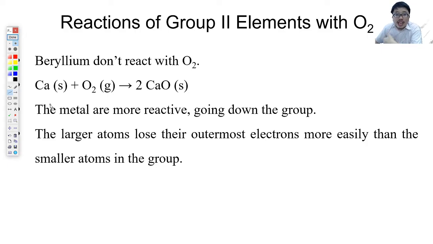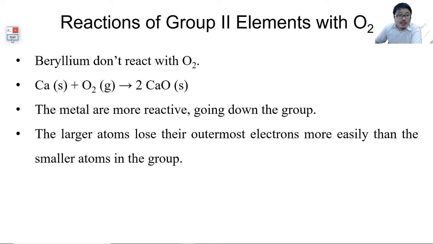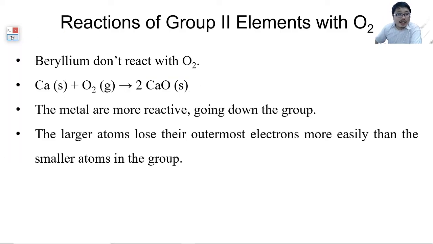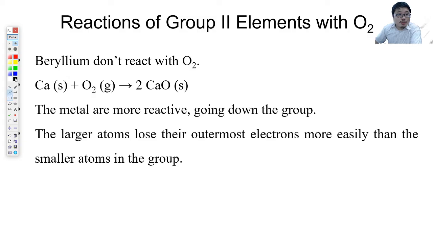First ionization energy decreases, so more reactive down the group. And the key point to remember is that they will always form oxide: calcium oxide, magnesium oxide, strontium oxide, barium oxide.